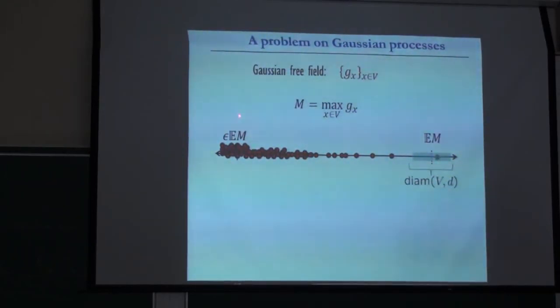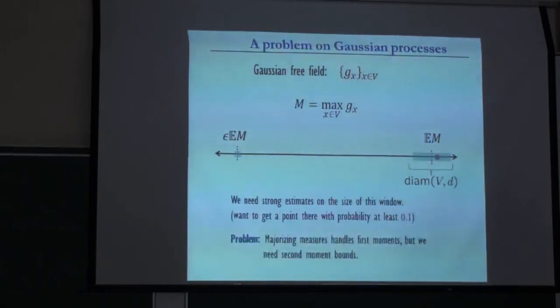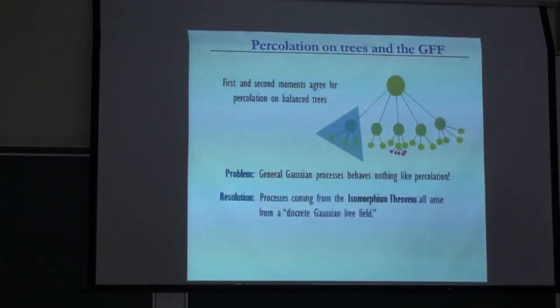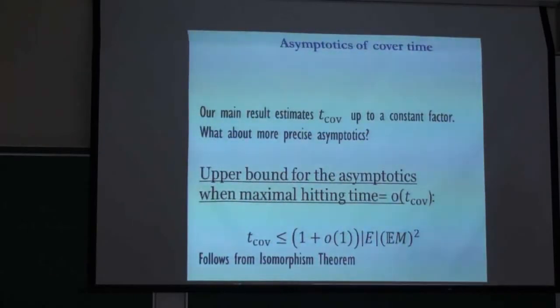And really, we have to use the fact that if you go down to a small constant times the expected maximum, then you have many variables that approximate that value. And we had to use ideas from percolation on trees. Basically, we had to use everything I've been studying for the last 20 years in order to actually make this proof work, which suggests that there should maybe be a more streamlined proof, but we're still looking for that.